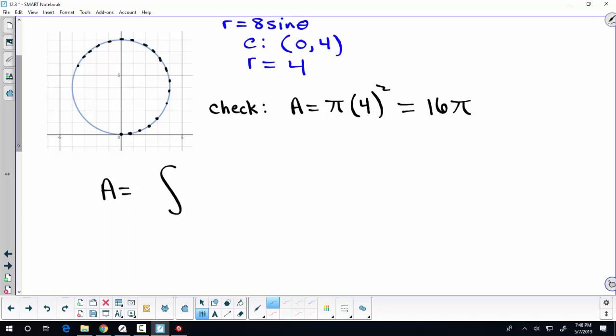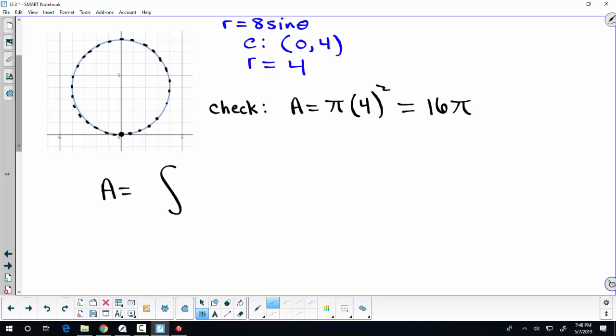So we plot a bunch of points and we get that circle. We can check when theta is 0, r is 0. So that's where we start. When theta equals pi over 4, when theta equals pi over 2, etc. You can look at that as how the circle is unfolding as the parameter theta increases.